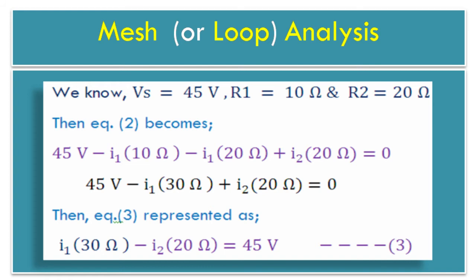Rearrange the common terms: 45 volt minus I1 into 30 ohm plus I2 into 20 ohm is equal to 0. Then equation 3 is represented as I1 into 30 ohm minus I2 into 20 ohm is equal to 45 volt.